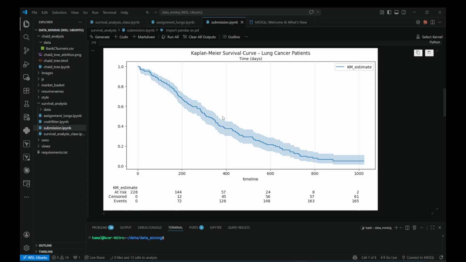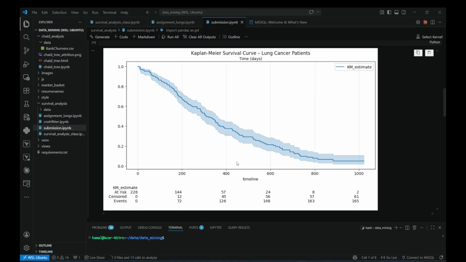Survival analysis is a statistical method that studies the time until a specific event happens, and in medical research the event is often death, but it can also be recovery from an illness or relapse of disease in some cases.